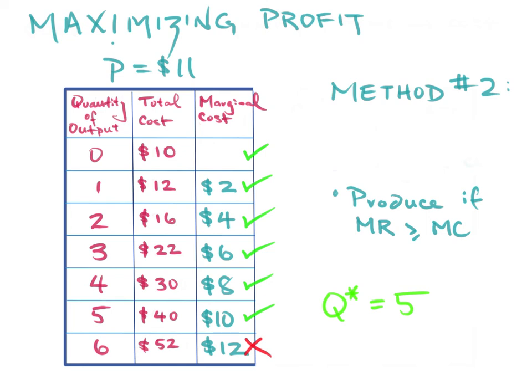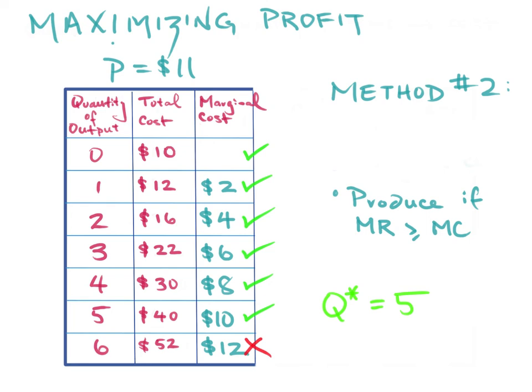So the firm then can think about the marginal revenue from each widget versus the marginal cost. Producing the first widget brings in $11 of revenue and costs $2. Is marginal revenue greater than marginal cost? Yes. $11 of revenue versus $2 of cost, it makes sense to do that.